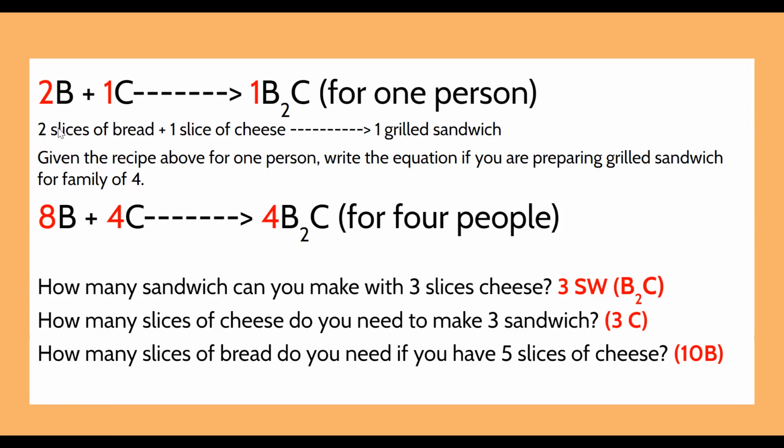So in each of these, we are calculating the quantity of either sandwich, which is the product, or we are calculating about the quantity of reactant that can be used. Okay, like how many slices of bread can you use with slices of cheese? So it's about the reactants and the products. We are calculating the quantities of reactants and products.